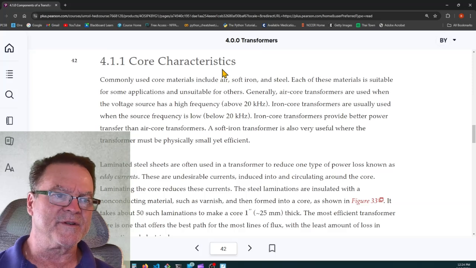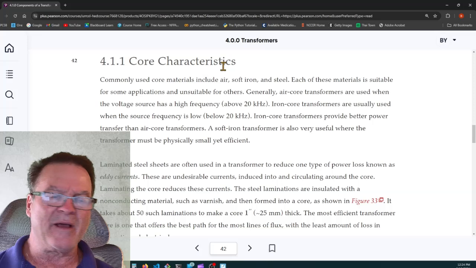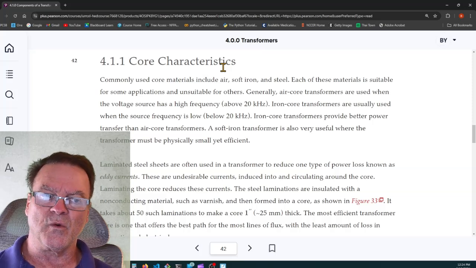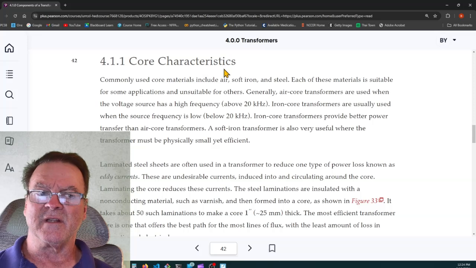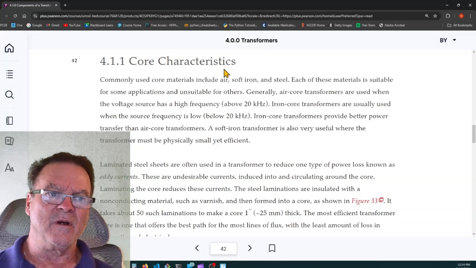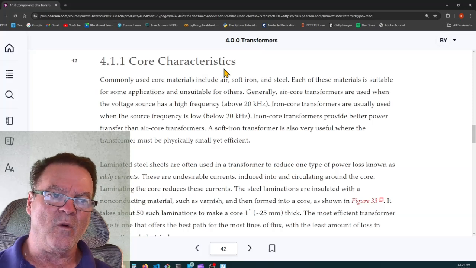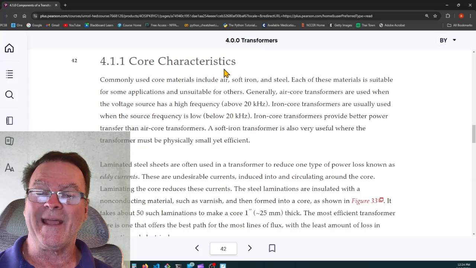4.1.1 core characteristics. They're going to tell us about eddy currents, and they're going to tell us about lamination. So I used to tell my students, anytime you see the words eddy currents in the question, the answer is laminated. Or if you see the word laminated in the question, the answer is eddy currents. So say, why are transformer cores laminated?